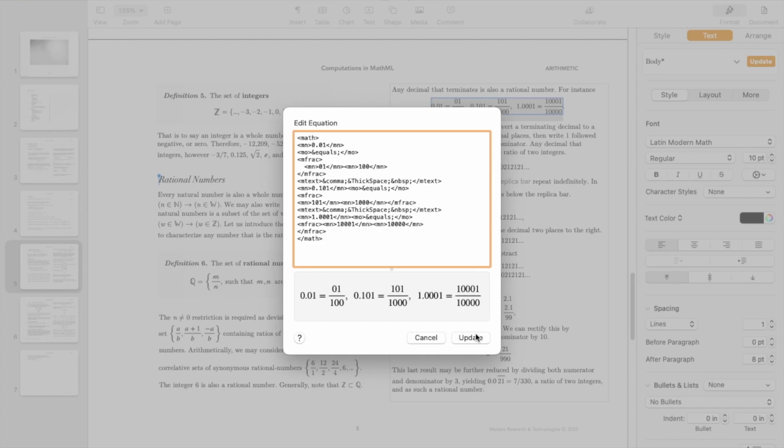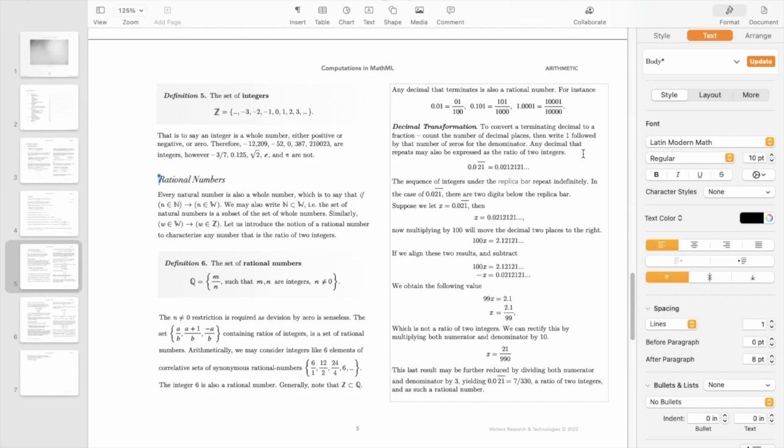So that should be good enough. And then you can see the difference here. It's purely aesthetic.